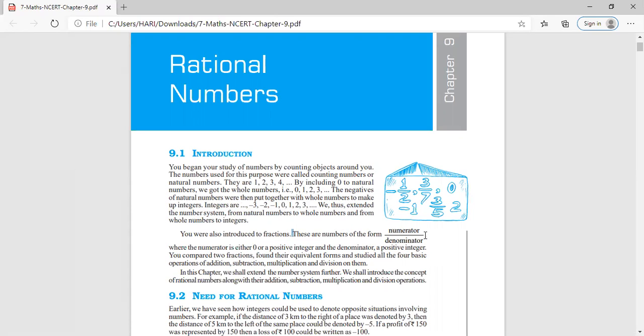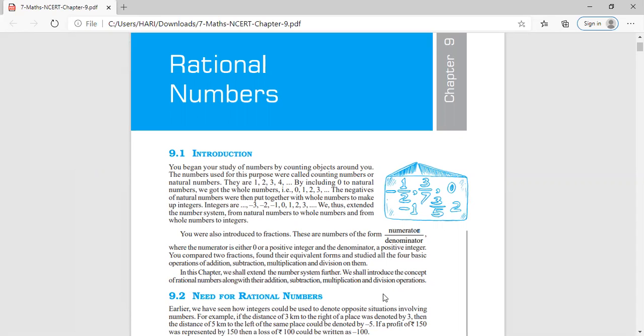That means in fractions, we write the number in p by q form, where p is the numerator and q is the denominator. The numerator should be either 0 or a positive integer. In a fraction, there are no negative integers, and the denominator is always a positive integer. It can never be 0. That means a fraction has no negative integers at all, only positive integers.